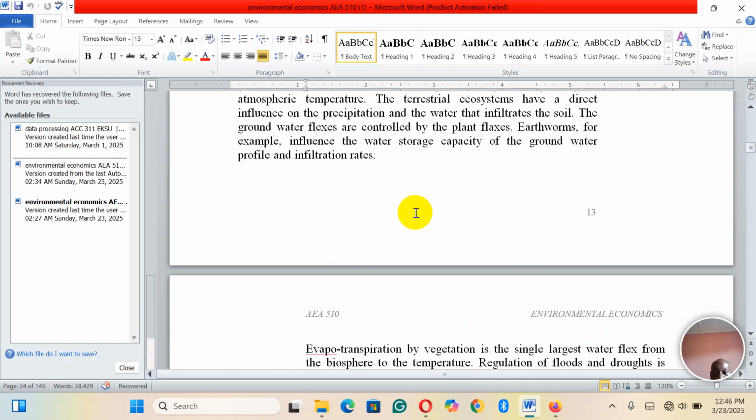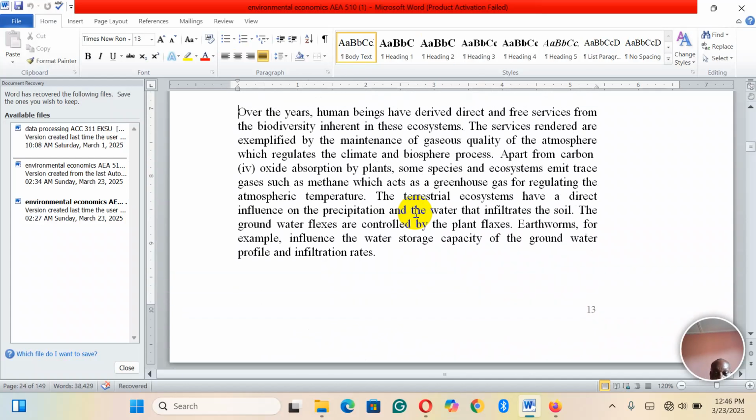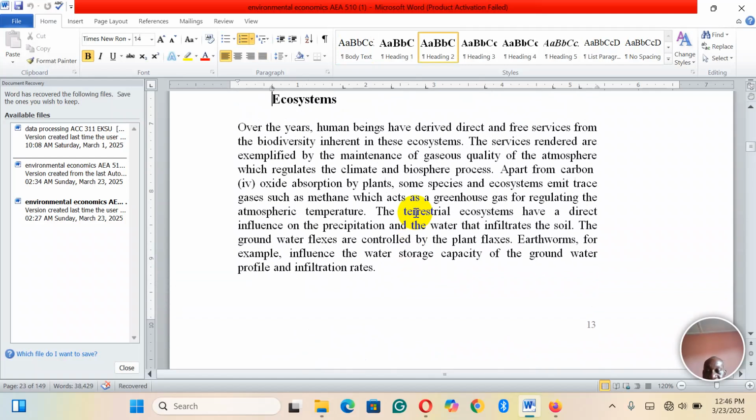Over the years, human beings have derived a direct and free service from the biodiversity inherent in this ecosystem. The services rendered are exemplified by maintenance of the gaseous quality of the atmosphere, which regulates the climate and biosphere processes.